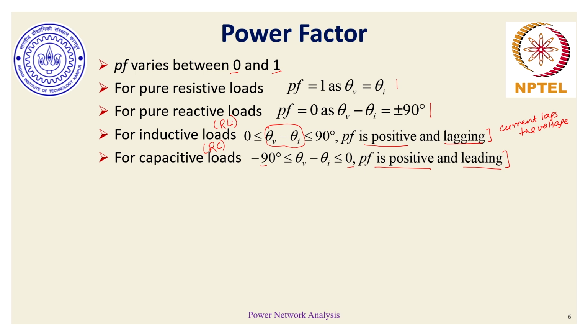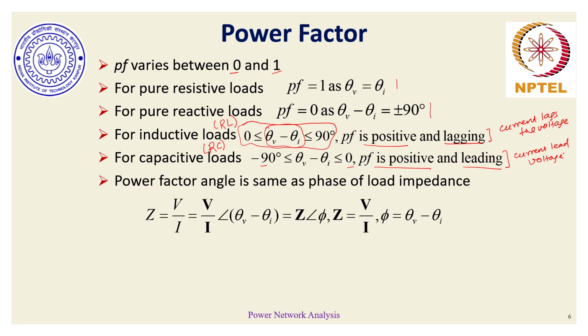If it is a combination RL load, then still the current would lag the voltage. It need not be 90 degrees, and that's where this mathematical expression or range comes in. And a similar notion is also applicable for leading loads, where current tends to lead the voltage in the case of pure capacitors or RC combination capacitive loads.